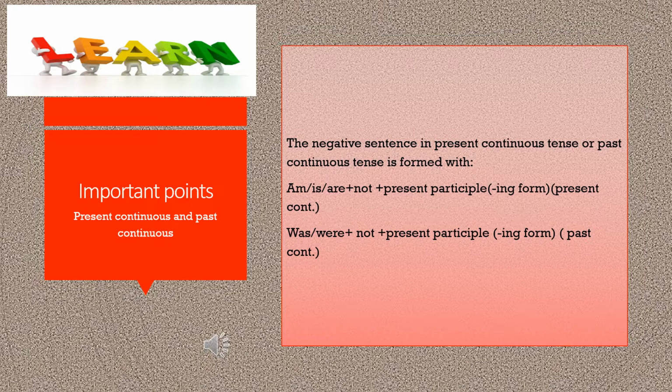These type of sentences are present continuous. Now, we'll see past continuous sentences. Was, were, plus not, plus present participle in the ing form are past continuous sentences.